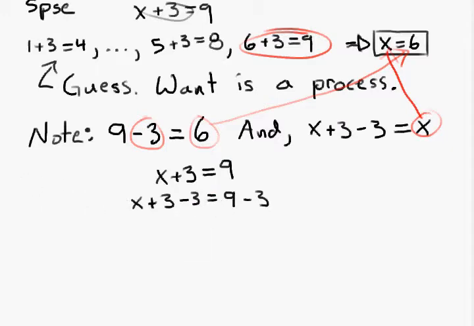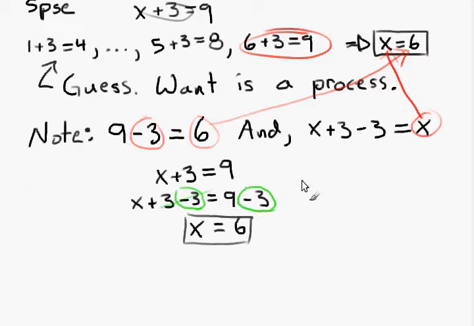So what we just did here is something very important. We subtracted 3, not just from one side, but from both sides of this equation. And the result of that is, these are going to cancel. We'll be just left with x on the left-hand side. 9 minus 3 is 6. We arrive at the solution.